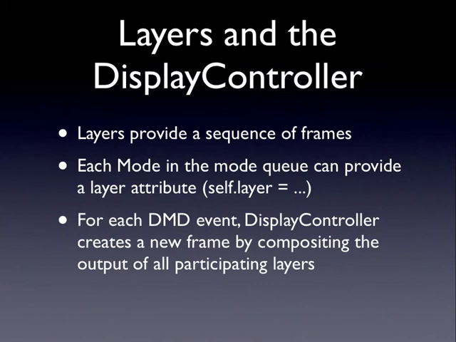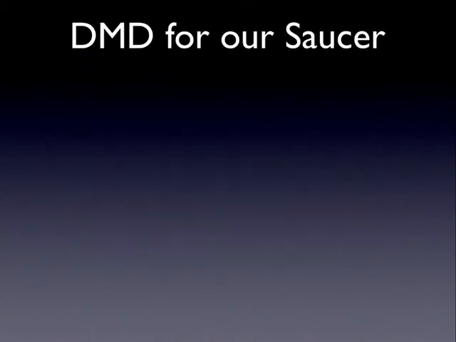So we provide a new layer higher up, and that layer just gets put on top of the score display. In most cases, it's going to completely hide the score display, so you won't even know it's there. But the point is that you can add modes and remove modes, and what's displayed on the DMD will be a pretty intelligent representation of the current state of the game. And if that didn't make sense, please feel free to come up afterward and make me explain it more clearly.